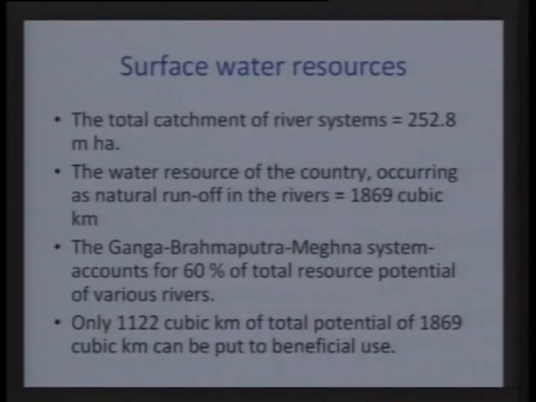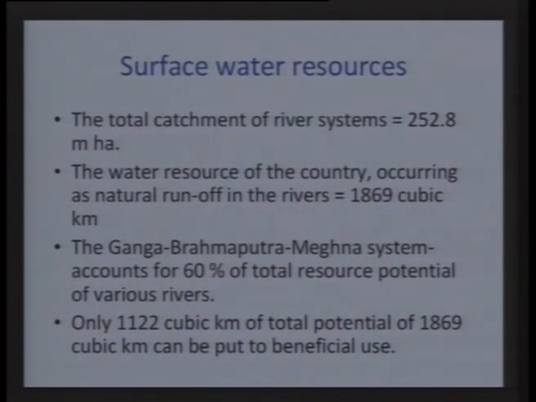So 1869 cubic kilometer is the total amount of natural runoff observed in the river systems. The Ganga, Brahmaputra and Meghna river system accounts for 60% of the total resource potential of the various rivers. So this system accounts for the 60%.